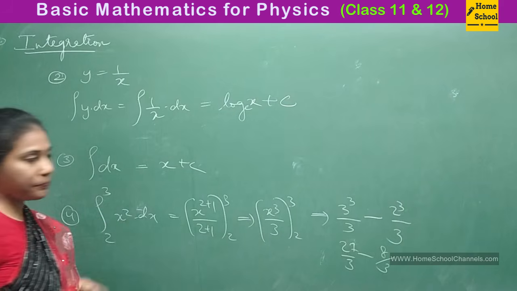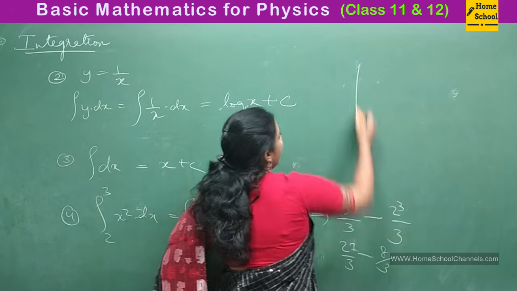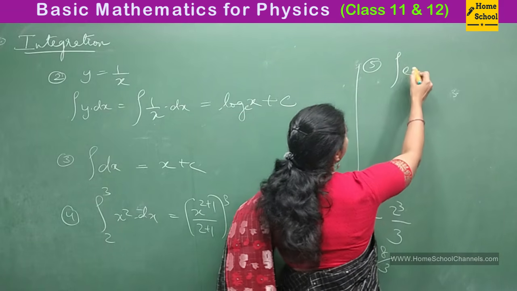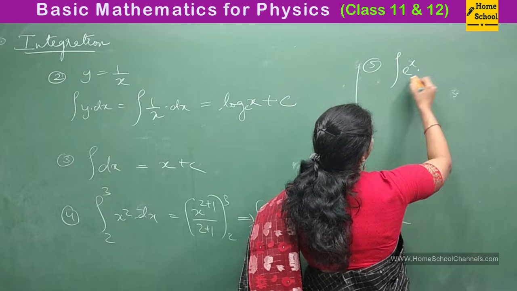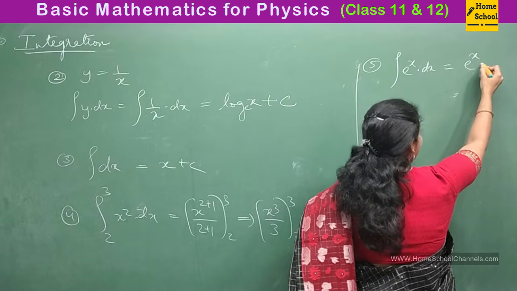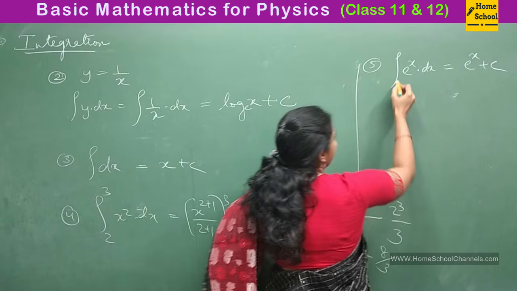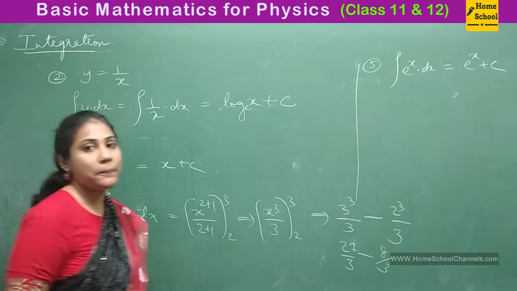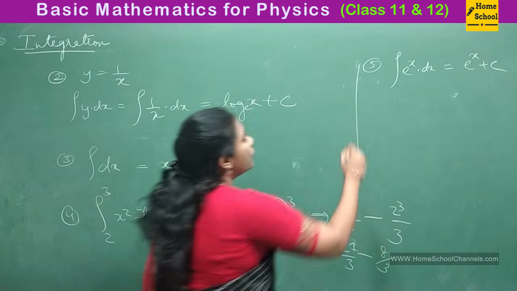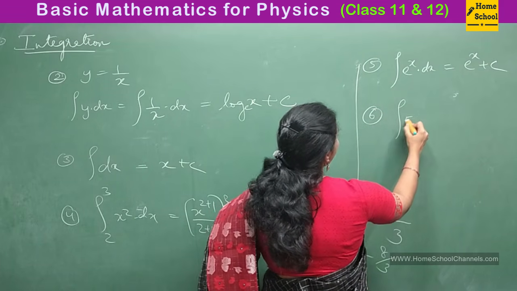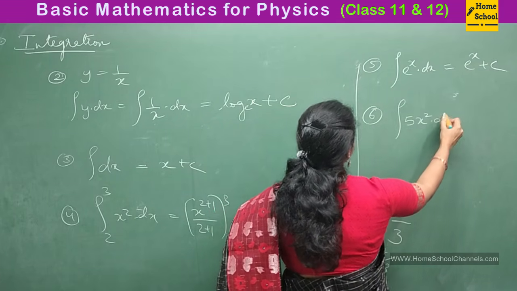We keep using this in various problems. Then coming to the fifth formula, integration of e to the power x dx. The answer is e to the power x only, plus c. When there are no limits, add the integration constant: e to the power x plus c. Now the sixth case, integration of 5x square dx.